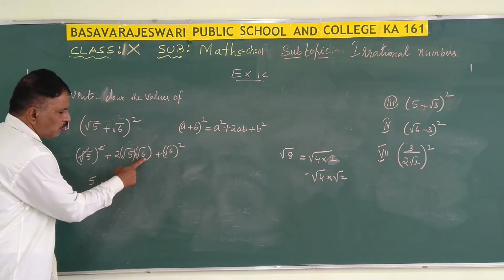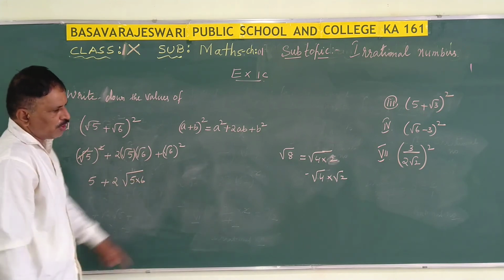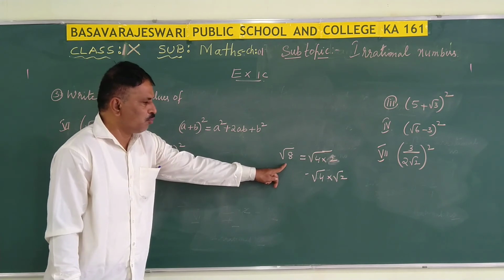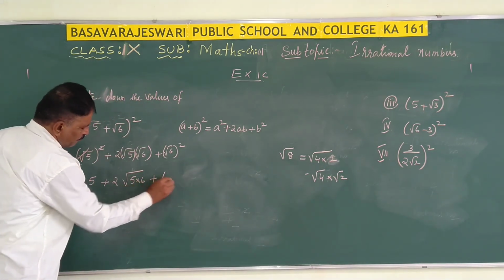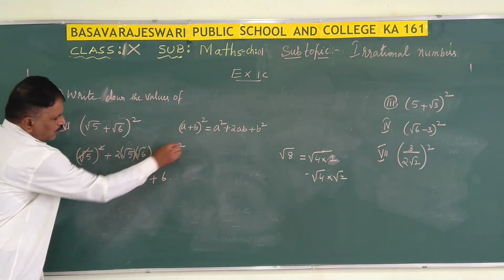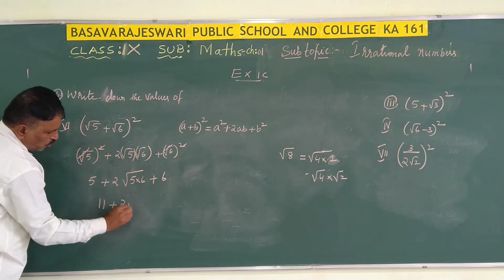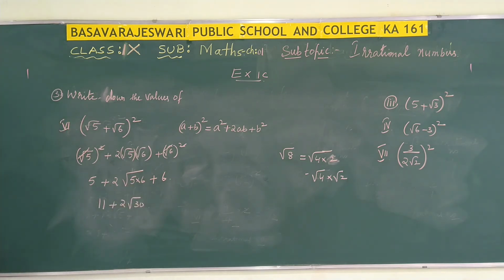Therefore root 5 into root 6 is root of 5 into 6. According to this concept, because today only we have done the cube root of 8. Plus 6. So 6 plus 5 is 11, plus 2 root 5 times 6 is 30. So that is the value of root 5 plus root 6 whole square. It is 11 plus 2 root 30. Yes, please note down this one.